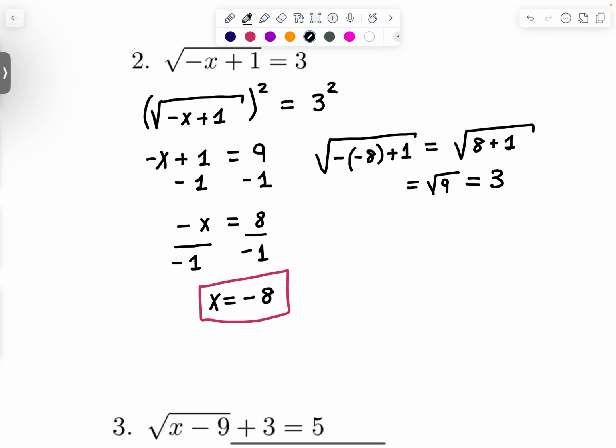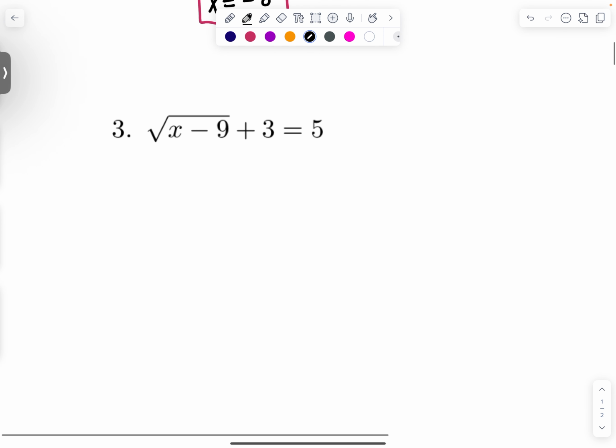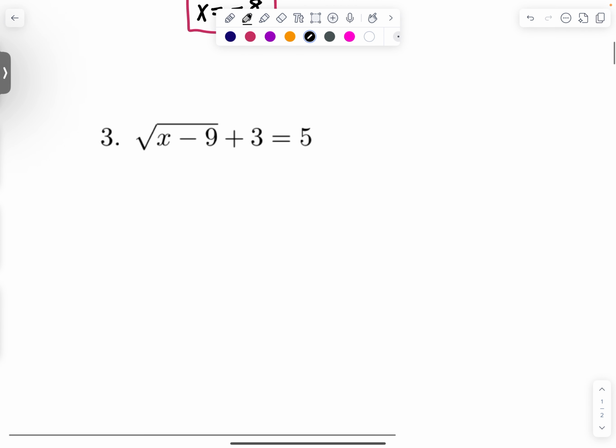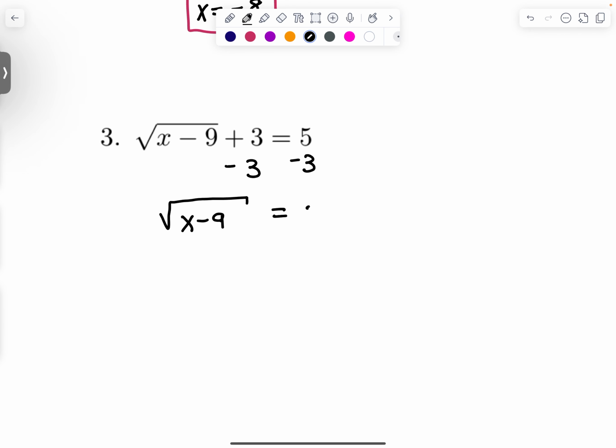All right, next equation. We have the square root of x minus 9, plus 3 equals 5. Now, this equation is a little different because I have a radical plus some value equaling another value. What I want to do is get this 3 over to the other side first before I do my squaring property. So I need to subtract the 3 from both sides, so that I am then left with the square root of x minus 9 equals 2.